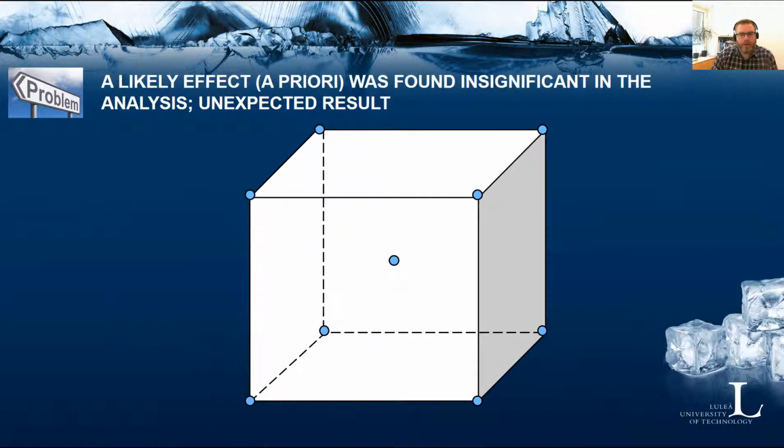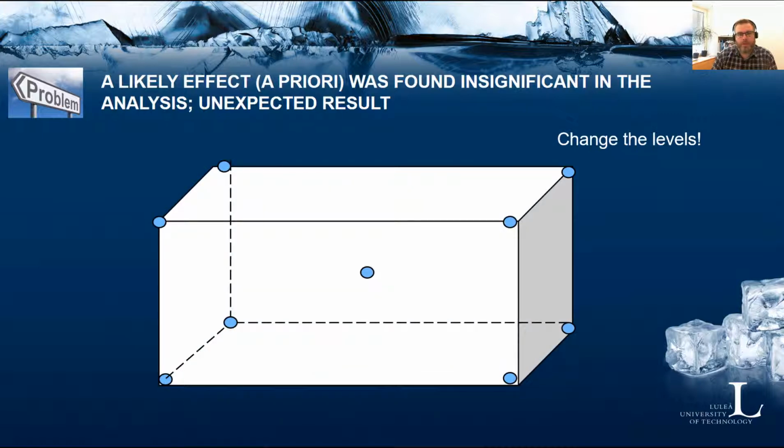Okay. Another problem that we might have is that we have, before the analysis at least, a likely effect that we find insignificant in the analysis, and this is unexpected. Now, what we can do to solve this issue is to change the levels, maybe to something like this.